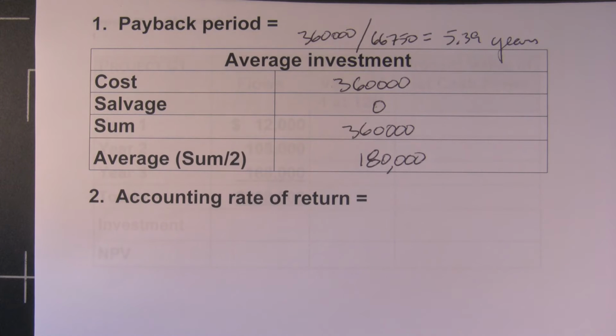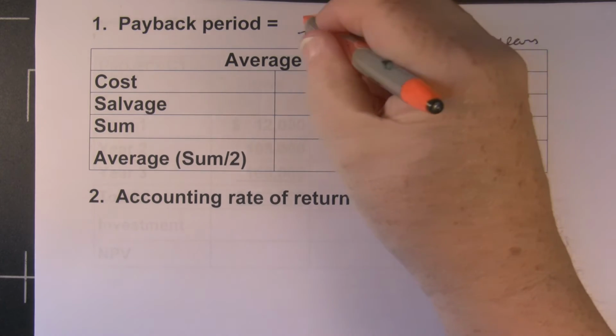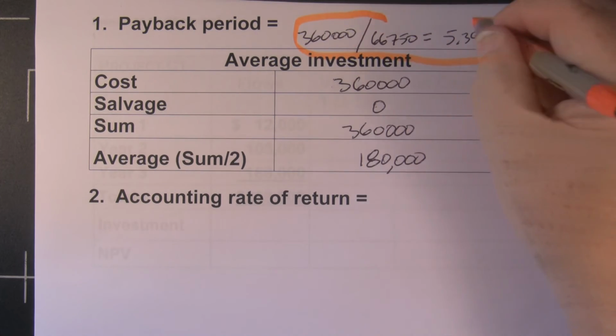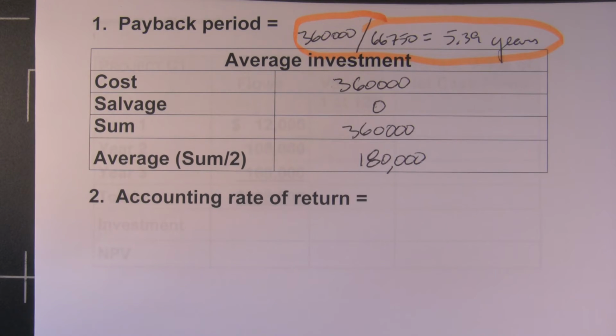When you have an even amount of cash flows, where you have a steady stream of cash flows, it makes finding the payback period easier because you're not playing that silly how much did we pay in this year game.